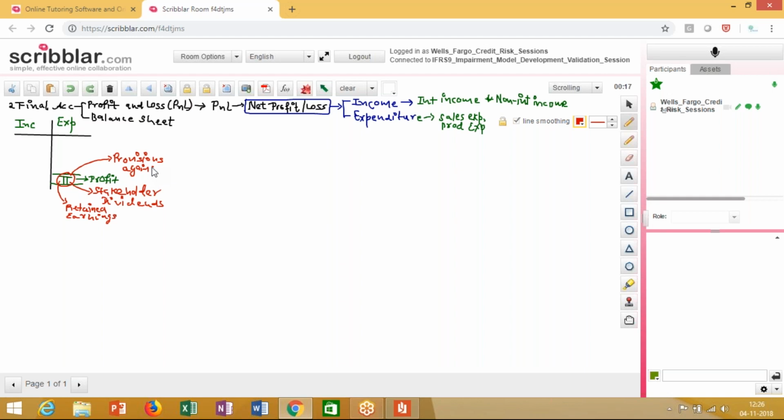One thing you can identify from here is that if this provision part rises, the stakeholder dividends are going to go down, because a share of the profit is being diverted from both retained earnings as well as stakeholder dividends.